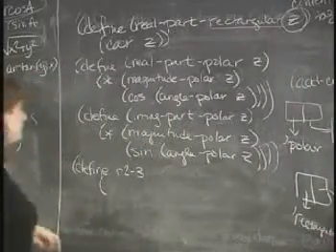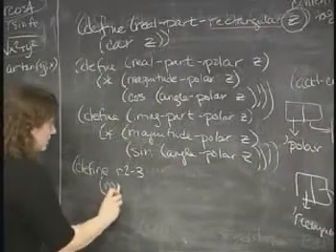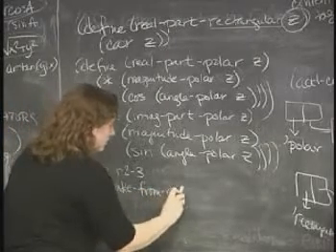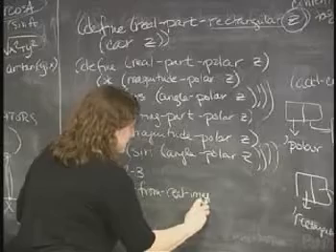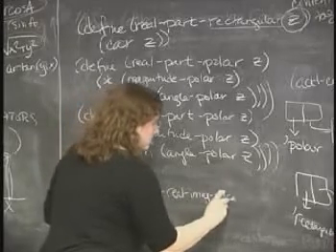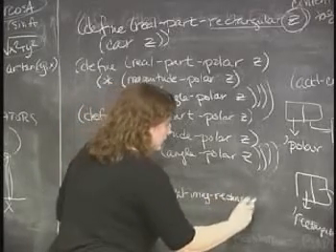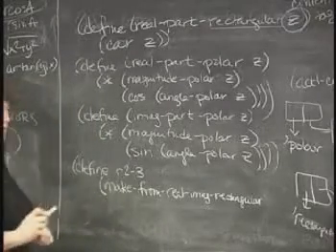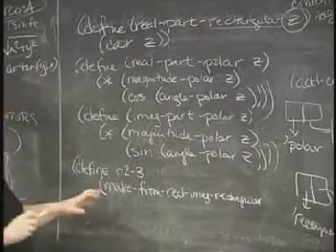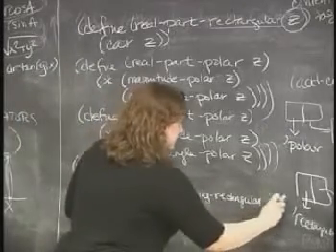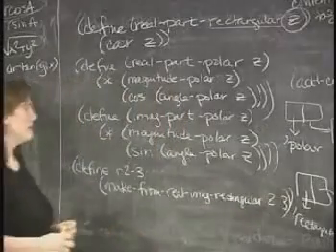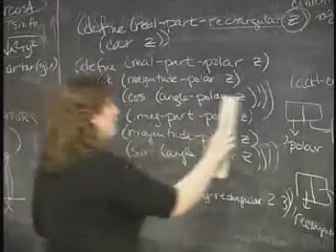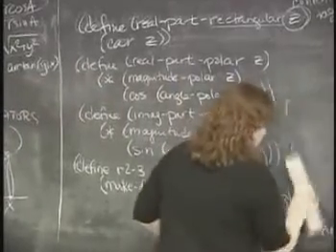We want to make a rectangular number, so I'm going to call make-from-real-imag, rectangular, with 2 and 3. So let's say I've made that call.